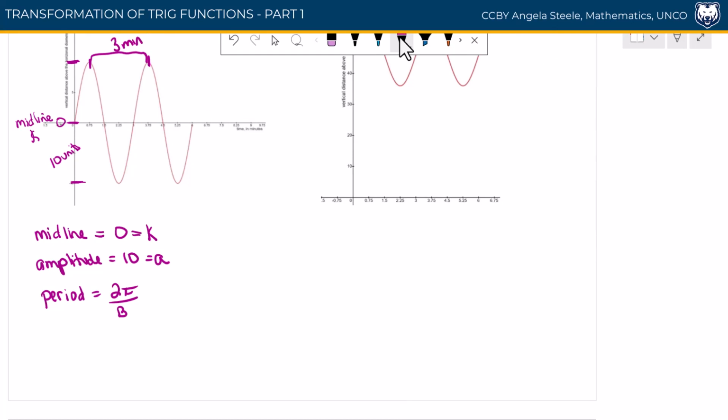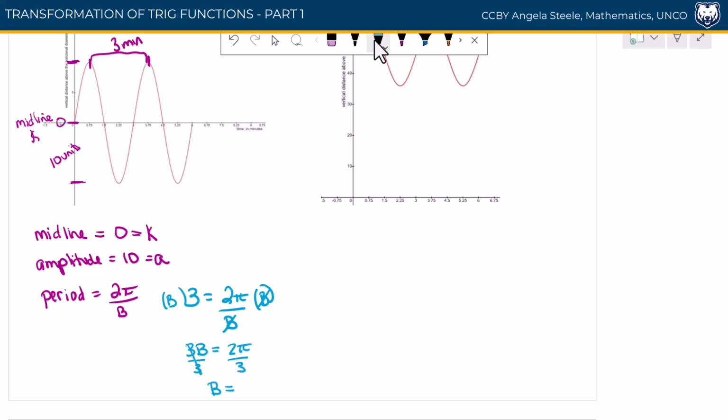So that means that the 3 is going to be plugged in for the period, and then we need to solve for our b value. So let's go ahead and do that. So we have 3 is equal to 2 pi over our b value. And since we're trying to write the equation, we need to find this b value. So what we can do is multiply both sides by b, which allows the b's on the right-hand side to cancel. So we get 3b is equal to 2 pi, and then to get b by itself, divide both sides by 3.